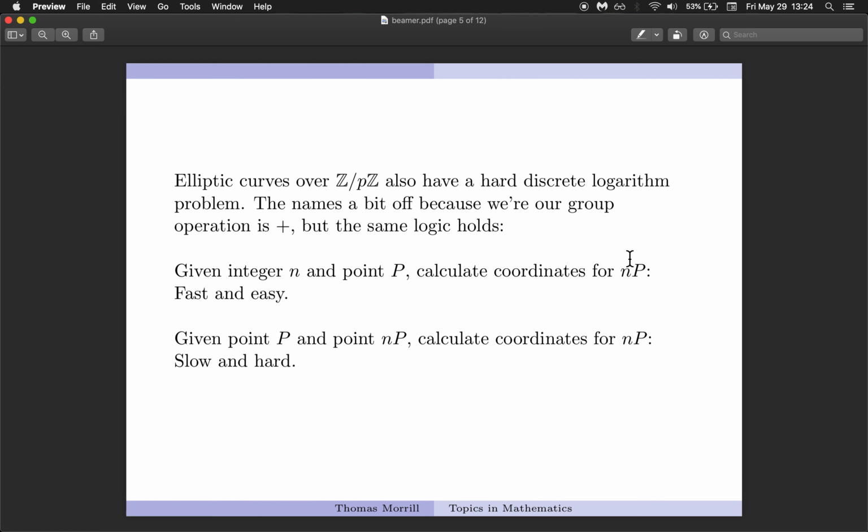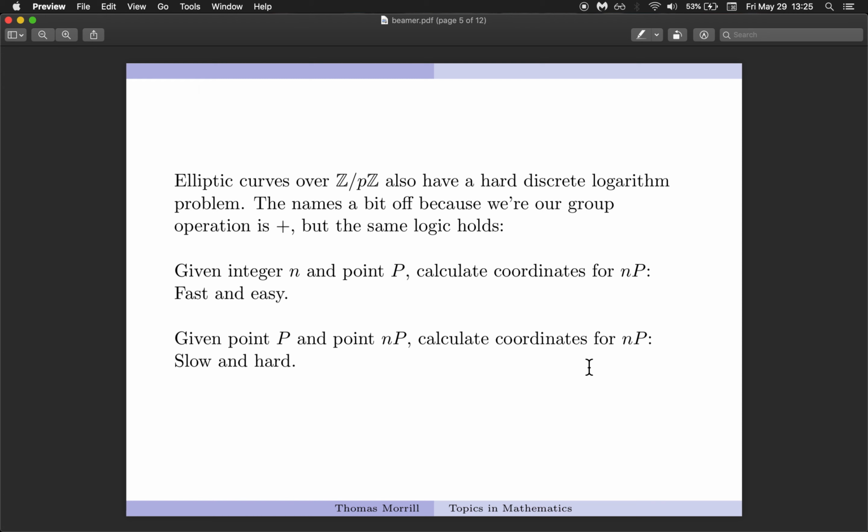So remember, this is n copies of the point P added together according to the point addition formula on an elliptic curve. But if an attacker knows the point P that we started at, and knows the point nP that we've published in order to do the key exchange, calculating that original n is going to be very slow, right?